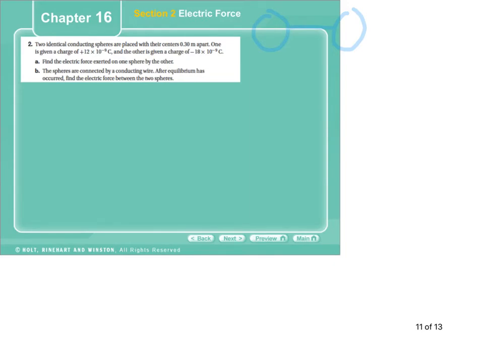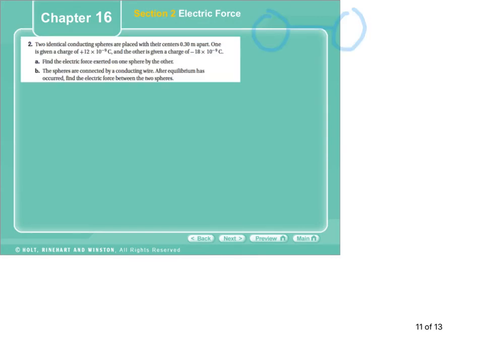And then after equilibrium has occurred, so after these things are connected together, they're going to end up with the same charge, and if they started with 12 times 10 to the negative 9th, then negative 18 times 10 to the negative 9th, we got to end up with a total charge of negative 6 times 10 to the negative 9th.